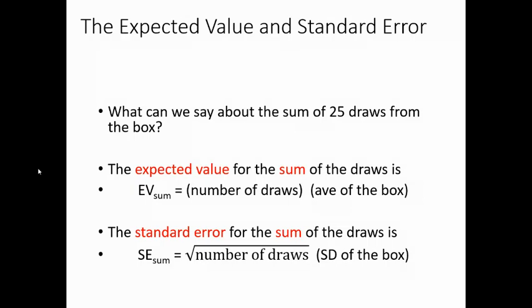So the EV sum is the number of draws times the average of the box. And then the standard error for the sum of the draws is SE sum equals square root of number of draws times SD of the box. So just make sure you write that formula in that little blank below.